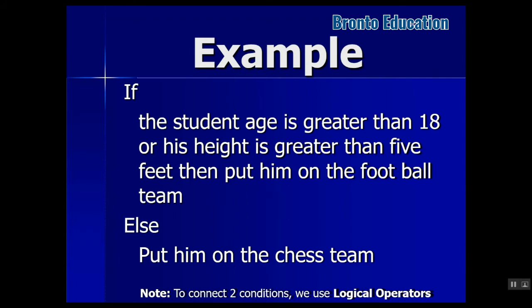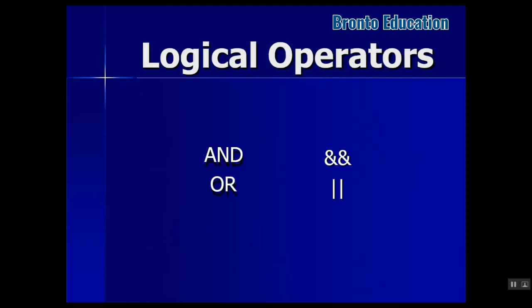here I used else: if the student's age is greater than 18 or his height is greater than 5 feet, then put him on the football team, else put him on the chess team. Else will do the next operation. If the first condition was false, then else will be processed. These are the logical operators and, or.